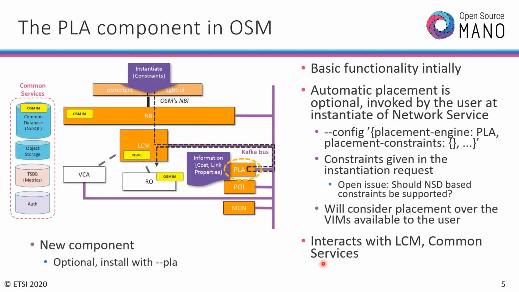So if we look at this component and how it fits into OSM, it's a new component, obviously. It's optional, so you will have to install it typically with a --PLA option. Not all these things are maybe ready yet, but that is how we think it will be. And as I mentioned, what we have now is a basic functionality where we can express constraints on links in terms of latency and jitter.